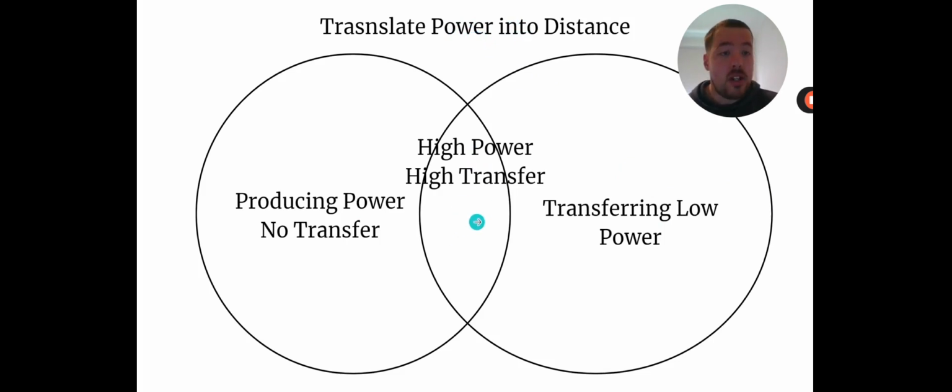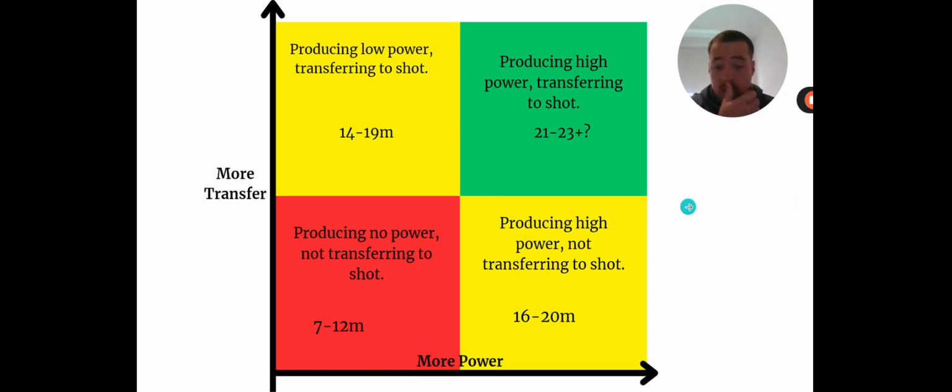Yep. So when it comes to translating that shot power into shot distance, what's going to matter is you're in the middle of this Venn diagram where you can produce a lot of power and you get it all into the shot, as opposed to producing a lot of power, but it's not going anywhere, or getting everything you've got into the shot, but you've got nothing. Okay? Now, from a chart standpoint, it looks a bit like this. If you're in this top right quadrant, you're going to be an elite shot putter where you can produce a high amount of power and transfer every last bit of it into the shot.